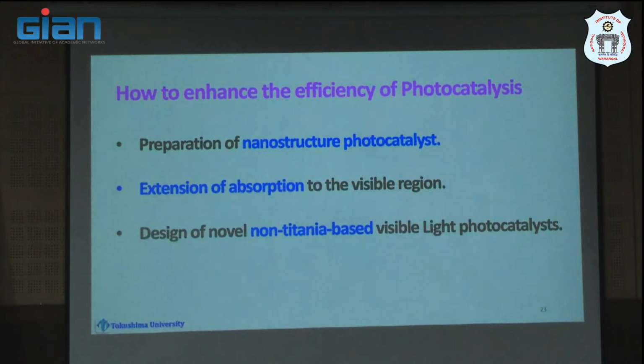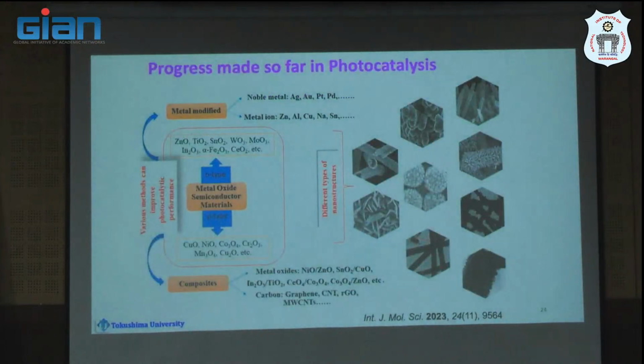That's why replacement for titanium is going on. Like solar cells. Till today we are using silicon, but people have started to find alternatives to silicon, low cost materials. So this is the progress made in the field of photocatalysis so far.